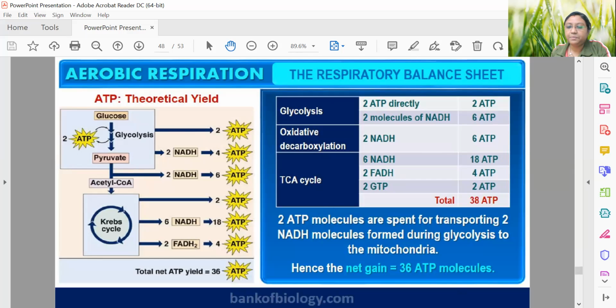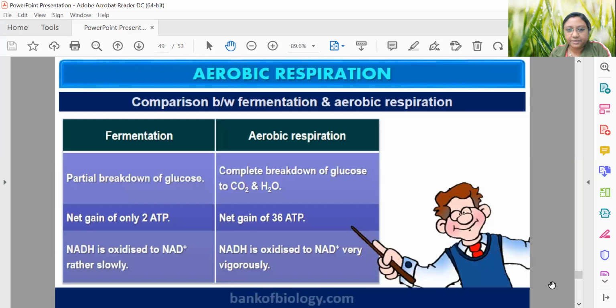We discussed it repeatedly. So out of these 38 ATP, 2 are used for transporting the substances from cytoplasm to the mitochondria, and that's why the net gain is 36 ATP molecules, but production is 38.